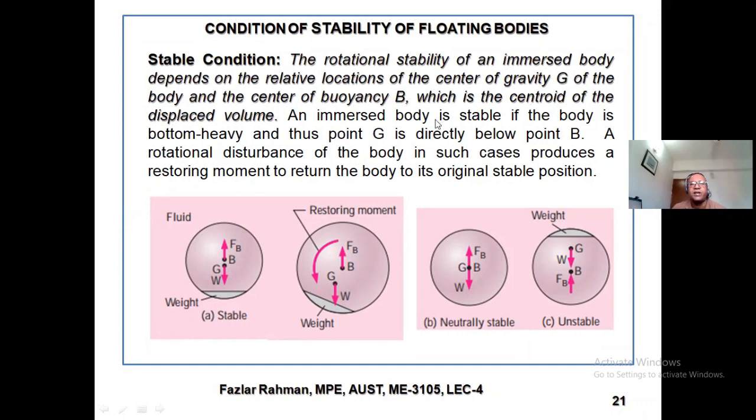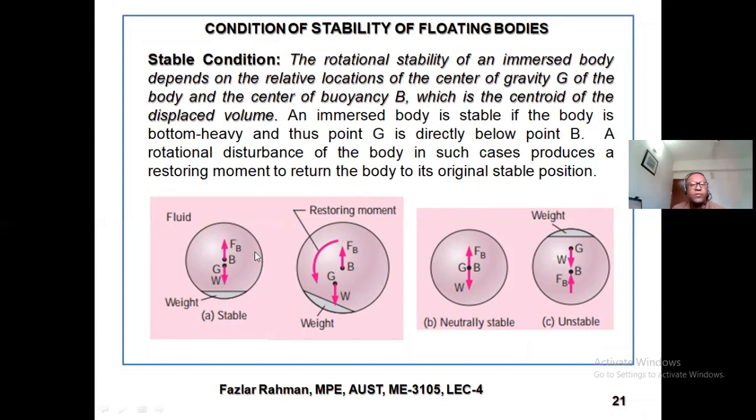An immersed body is stable if the body is bottom heavy. Bottom heavy means at the bottom it has more weight, and the CG is directly below point B. Point B means the point through which the buoyant force is working. A rotational disturbance of the body in such cases produces a restoring moment to return the body to its original condition. So this is the example of the stable condition.